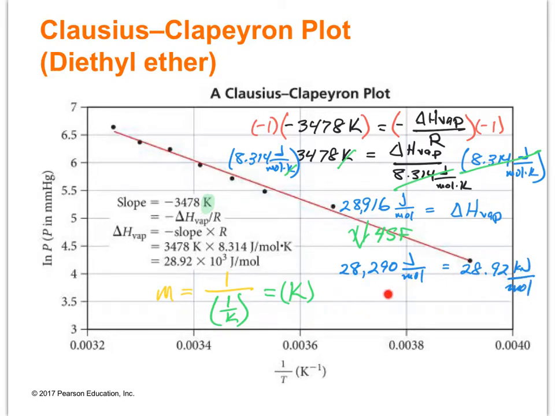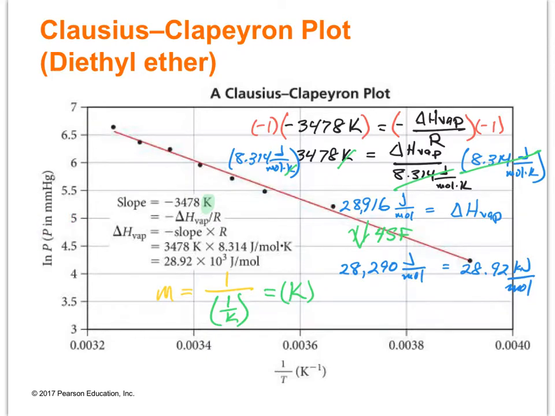Right? So you should be able to look at a plot of data, or given data, create a plot that is plotting 1 over temperature in 1 over Kelvin, the natural log of the pressure. What's nice about the Clausius-Clapeyron equation is the units of the pressure don't matter.